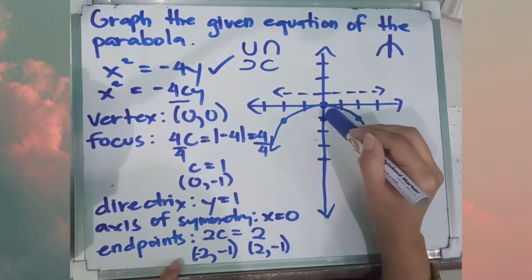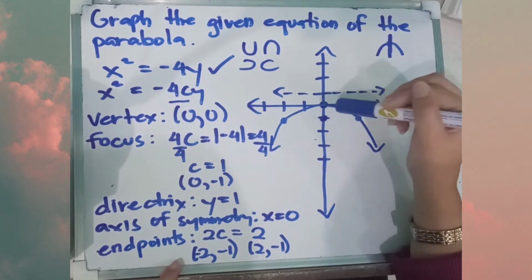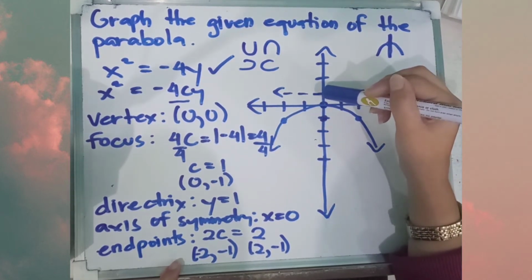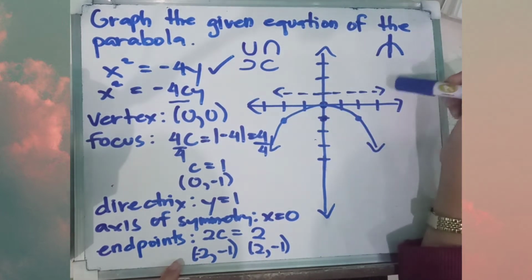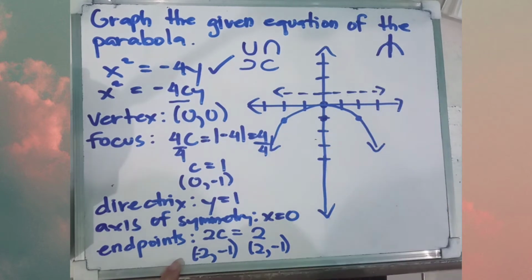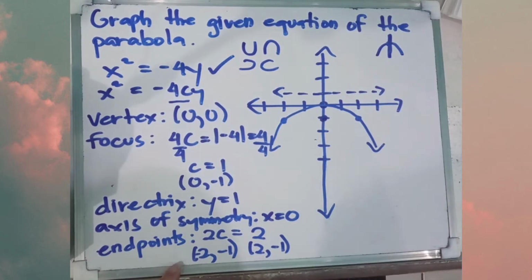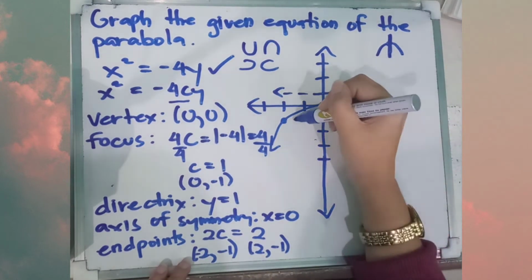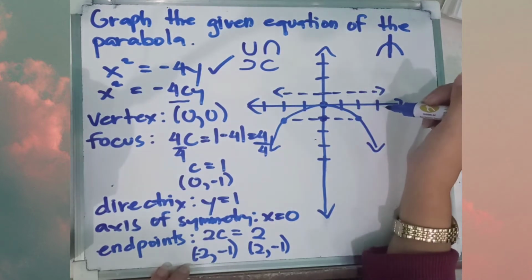Then since the distance from the vertex going to the focus and to the directrix are equal, or equidistant, you'll also be able to determine the equation of the directrix. After that, determine the axis of symmetry, and lastly, determine the endpoints of the latus rectum. By the way, this is our latus rectum.